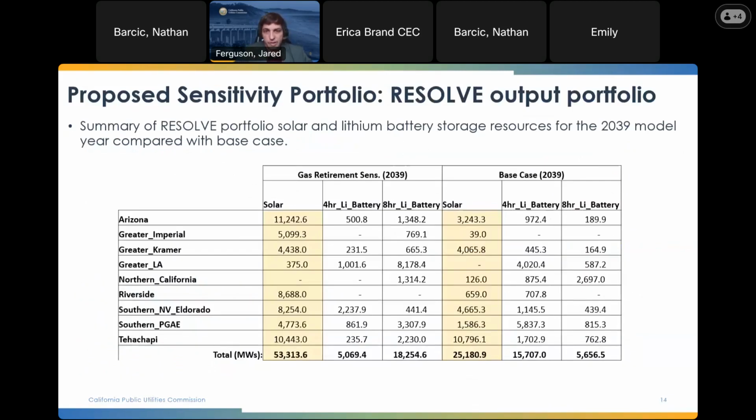These next few slides are similar charts comparing the resources in this gas retirement sensitivity to the proposed base case portfolio. You can see in 2039, the gas retirement case has significantly more solar and storage. It has a little more than double the amount of solar as the proposed base case, and about 3 gigawatts more battery storage. Next slide.